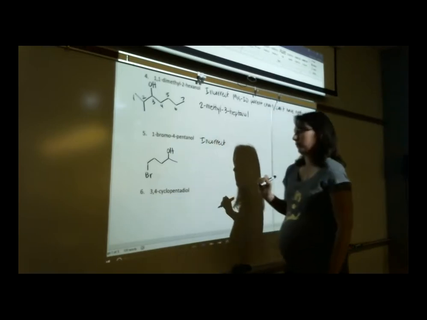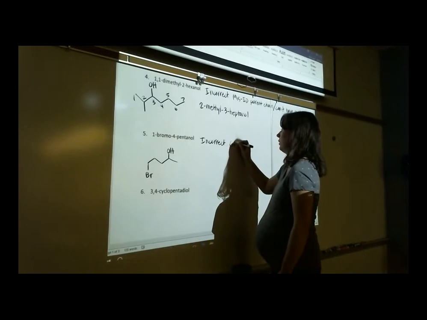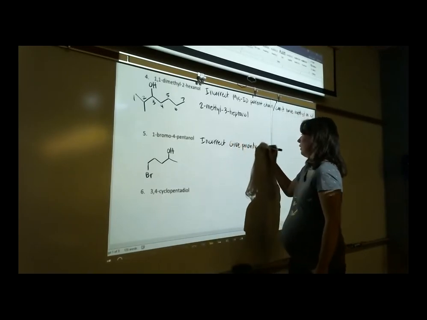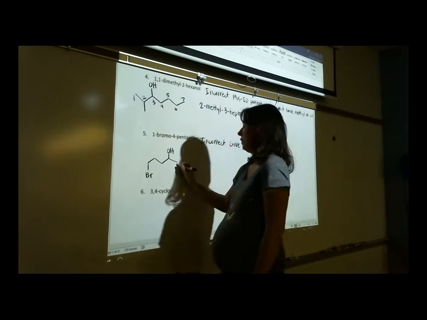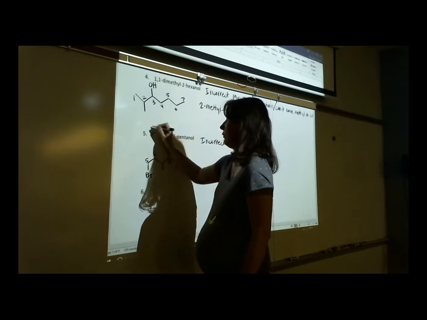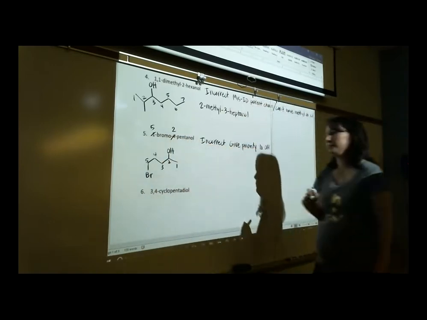It should be 5-bromo-2-pentanol. Right, you give priority to the OH, right? So you number from this side. 1, 2, 3, 4, 5. So it should be 5-bromo-2-pentanol, right?